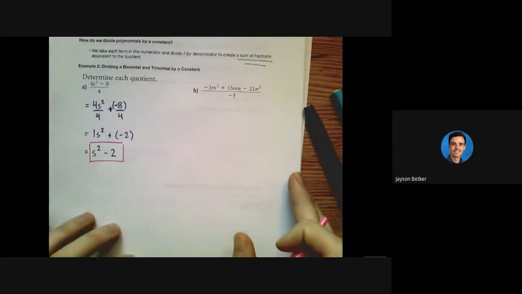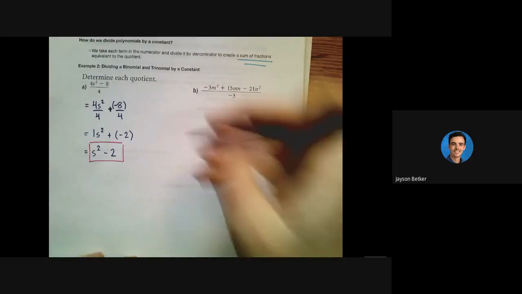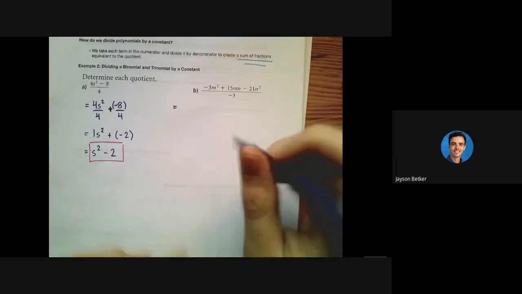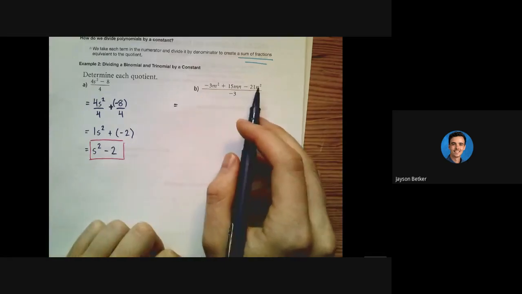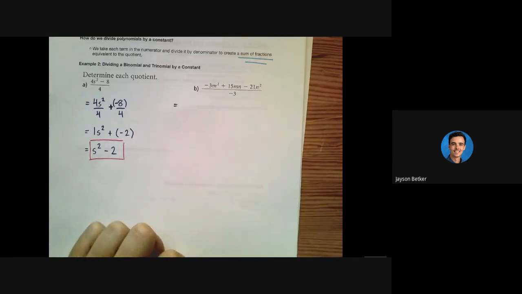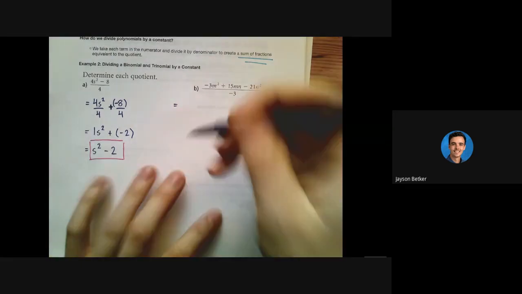Brief little lesson today. We got one left. Negative 3m squared plus 15mn minus 21n squared over negative 3. Looks a lot more challenging, follows the exact same steps as the last one.